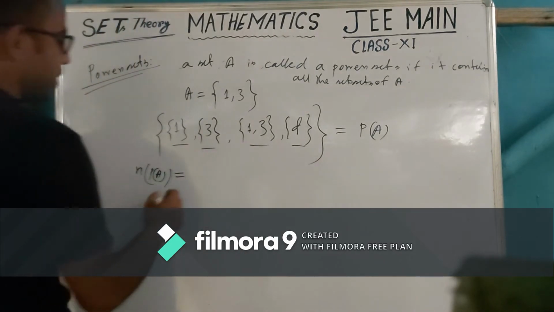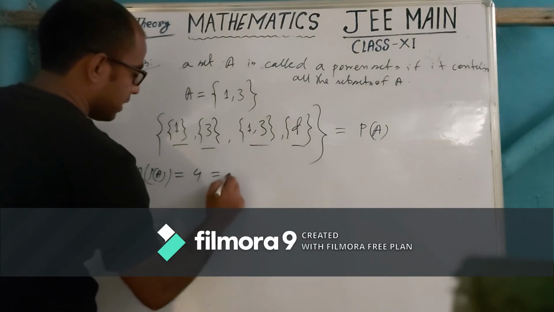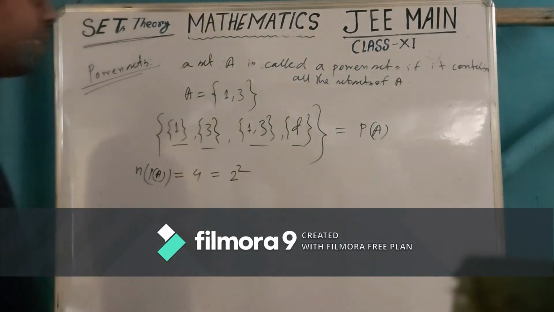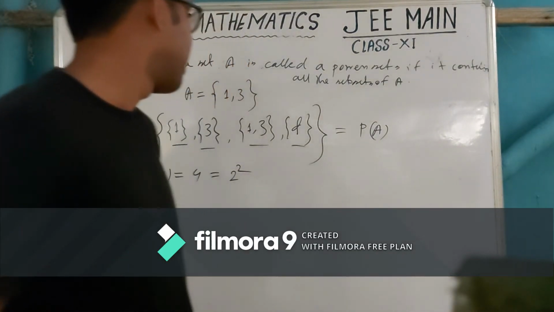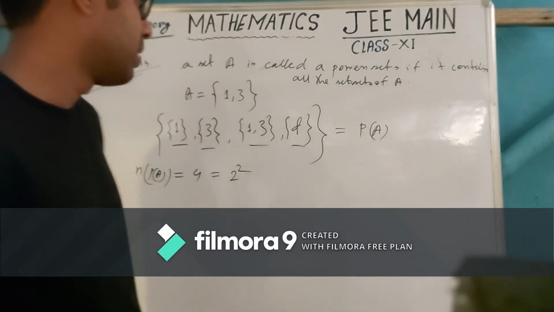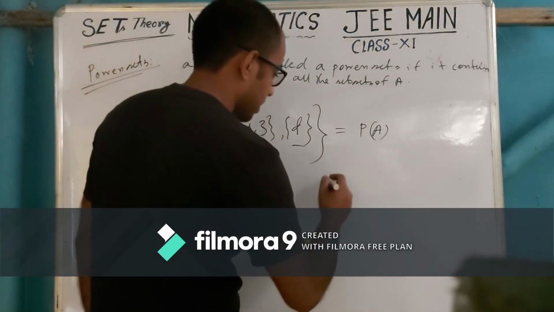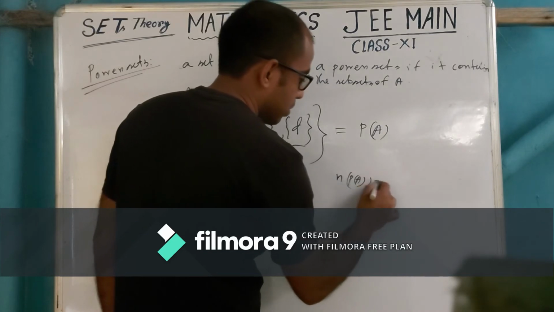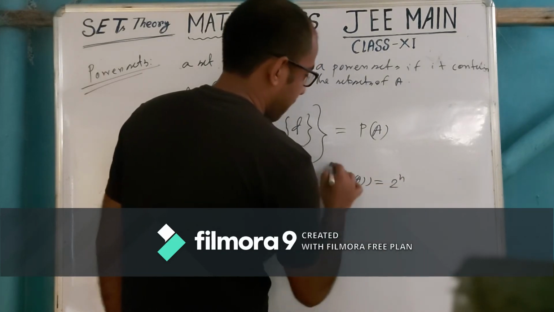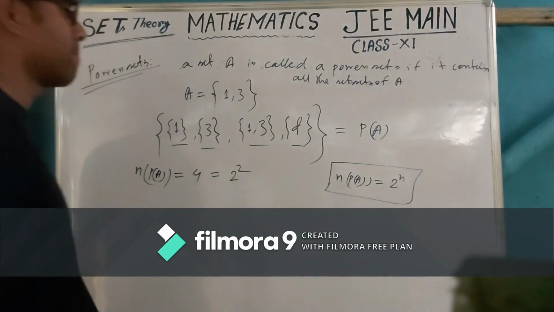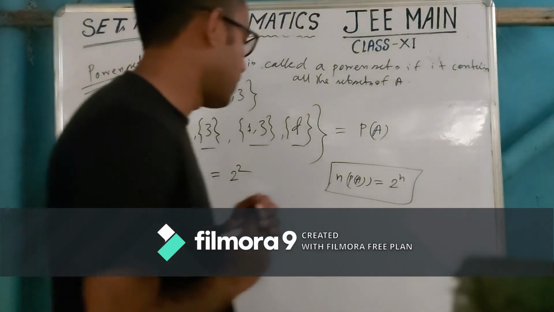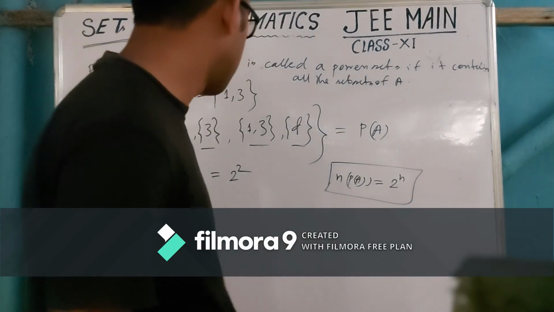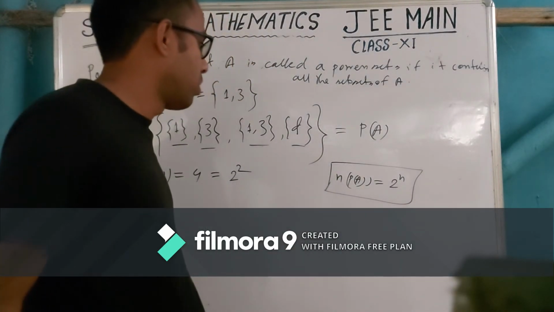So n of P(A) equals 4, which we write as 2 squared. In general, if a set contains n elements, then its power set contains n of P(A) equal to 2 to the power n elements. This is very important for previous year problems in IIT JEE Mains, WBCHSE, ISC and other board exams.